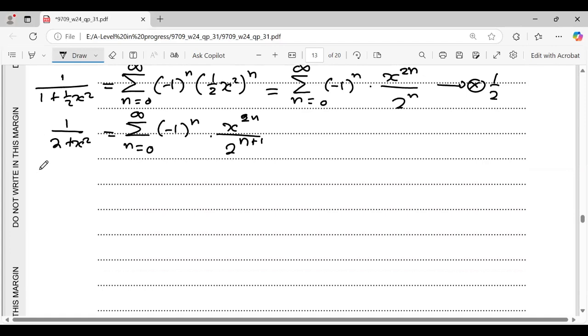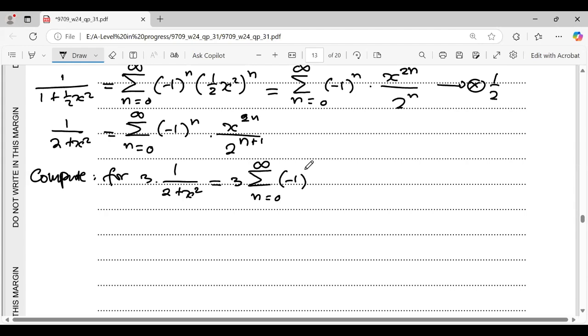Now we're going to compute 3 times 1 over 2 plus x squared. It becomes 3 times sigma n equals 0 to infinity, minus 1 power n, x power 2n over 2 power n plus 1.